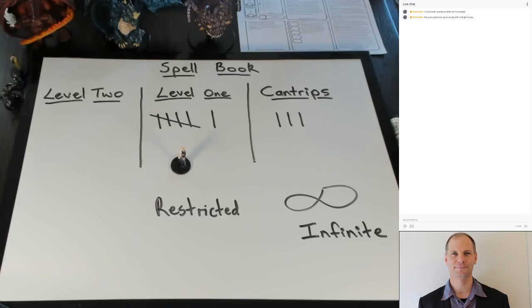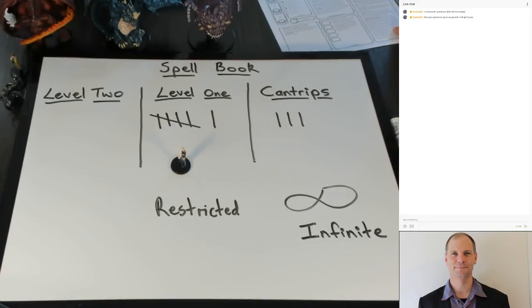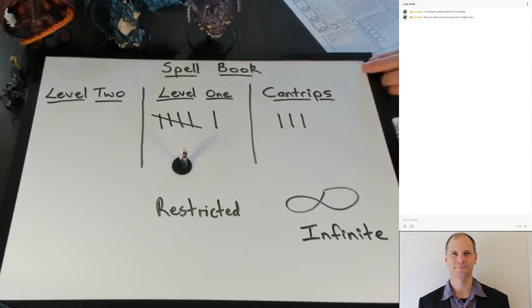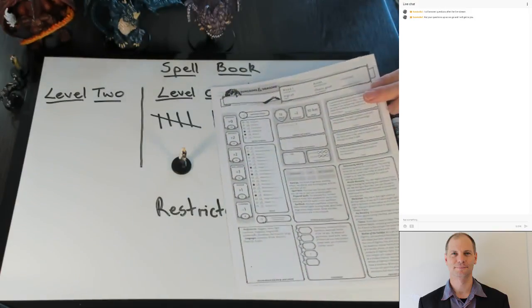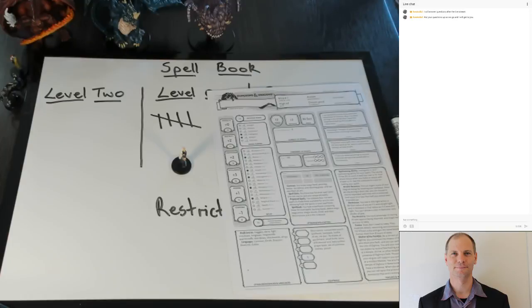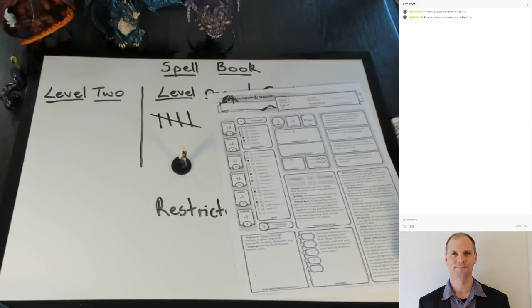You will find that I'm using the wizard, the pre-made character sheet that you can find in the Dungeons & Dragons 5e starter set. I'm using that particular wizard for this video. So if you are unsure about what the stats are and the makeup and everything, that is the one I'm going to use for today.